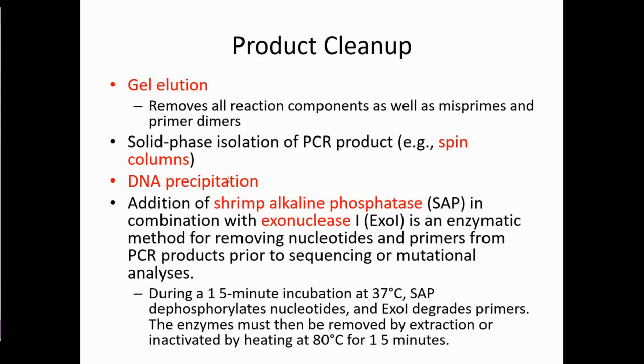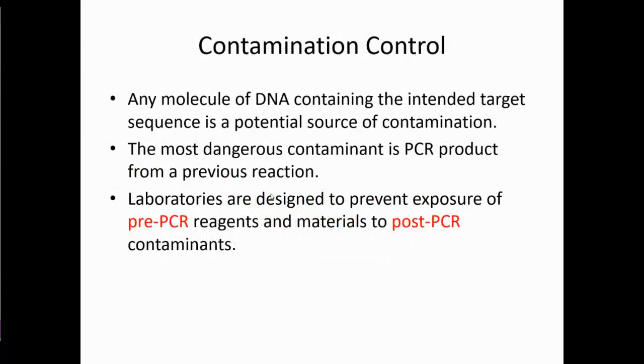What you can do is add ethanol and salt, so that you can precipitate the DNA in cold temperature. And addition of SAP, shrimp alkaline phosphatase, in combination with exonuclease, can remove the nucleotides and primers from the PCR product prior to sequencing. All right, that's SAP.